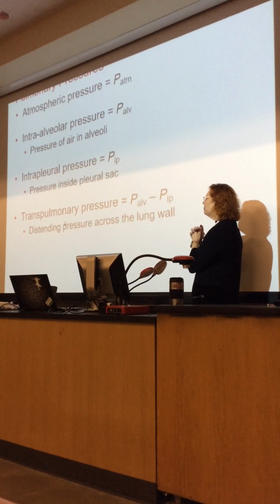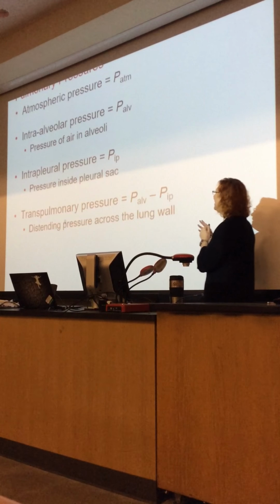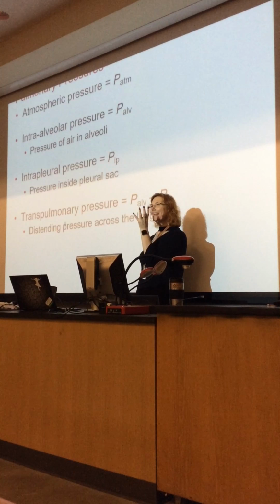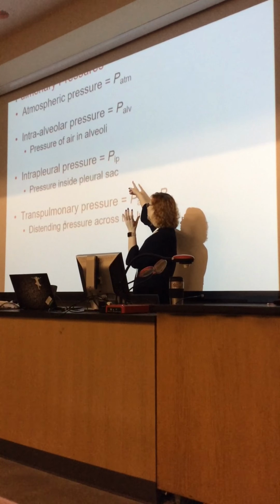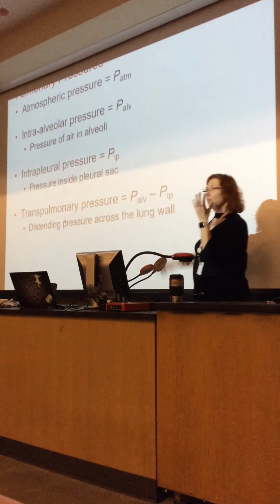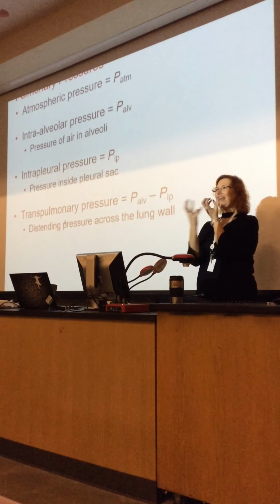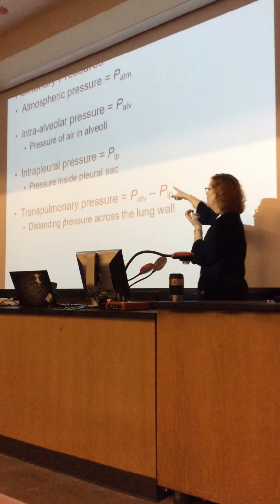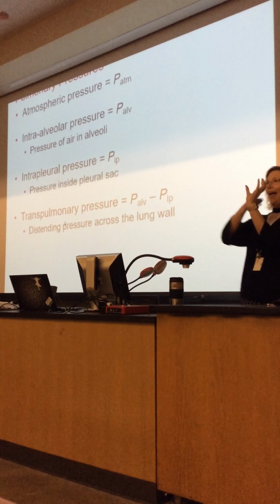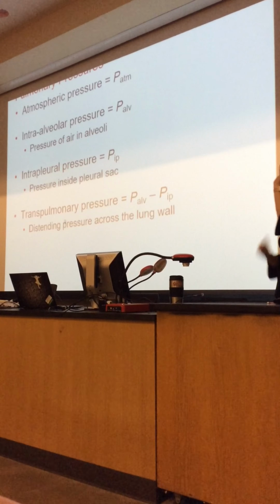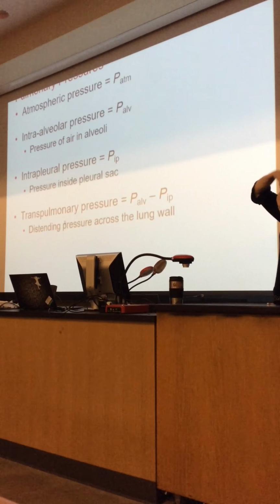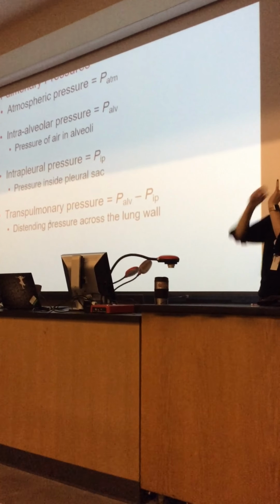And transpulmonary pressure is the difference between the pressure inside the alveoli, which is the alveolar pressure, and the pressure on the outside of that alveoli, which is the intrapleural pressure. So here I have my wall of the alveolus, okay? The alveolar pressure is pushing from the inside out.